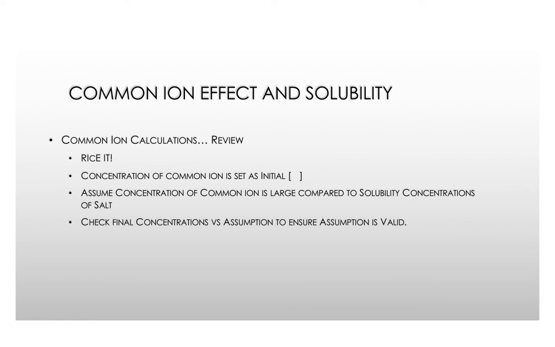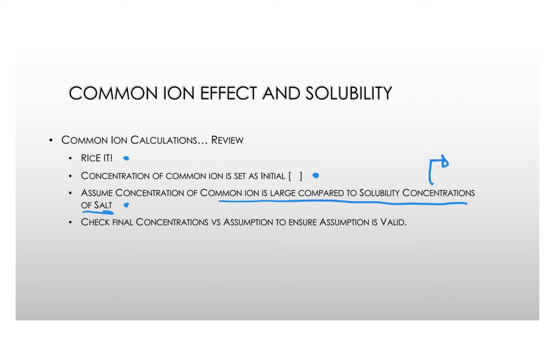This can affect our solubility calculations having to do with Ksp. Just like we did in the POGL today, you're going to RICE it. You're going to make sure that the concentration of the common ion is set as one of your initial concentrations. You're going to assume the concentration of the common ion is large compared to the solubility concentrations of the salt.